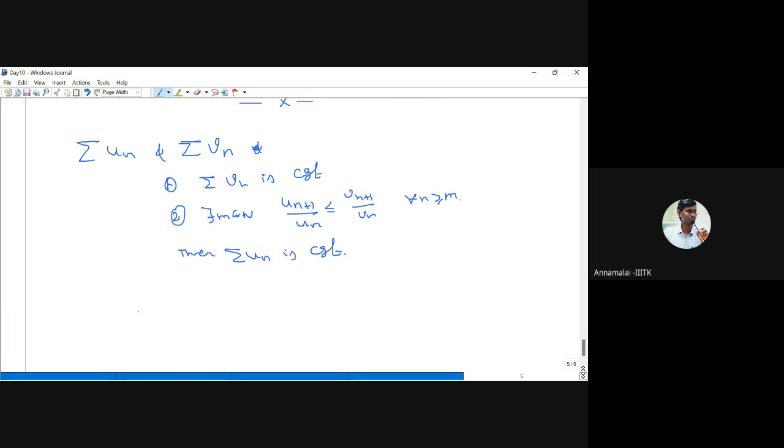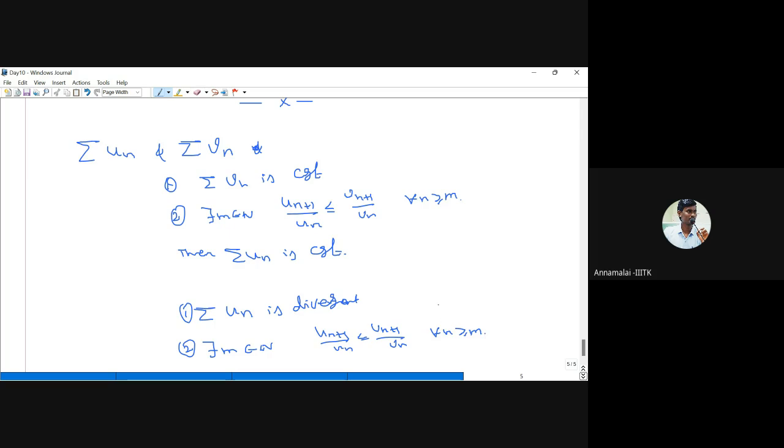Similar for the test for divergence, same story, but I'm taking the smaller one. Suppose summation Un is divergent, and after some stage m, Un plus 1 by Un is less than or equal to Vn plus 1 by Vn for any n greater than or equal to this stage.